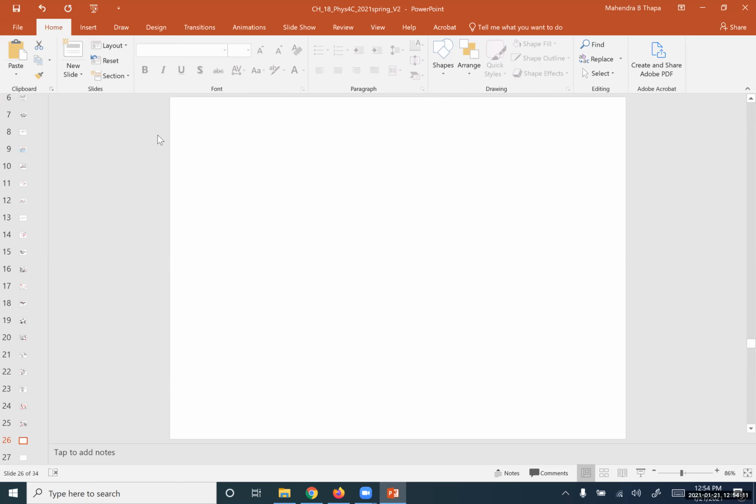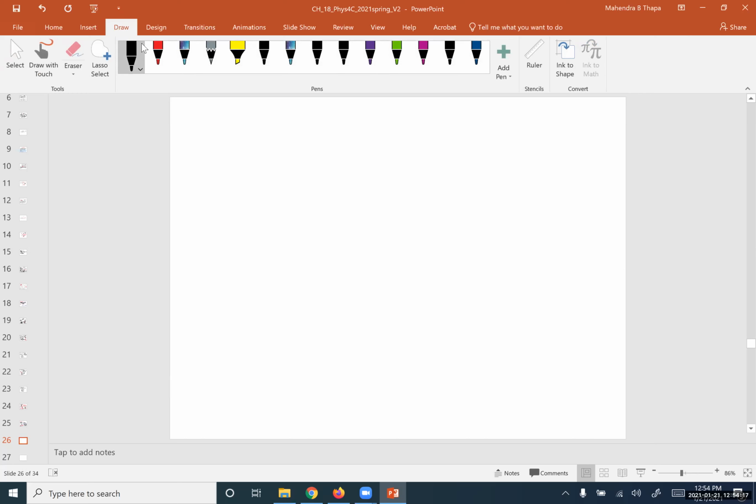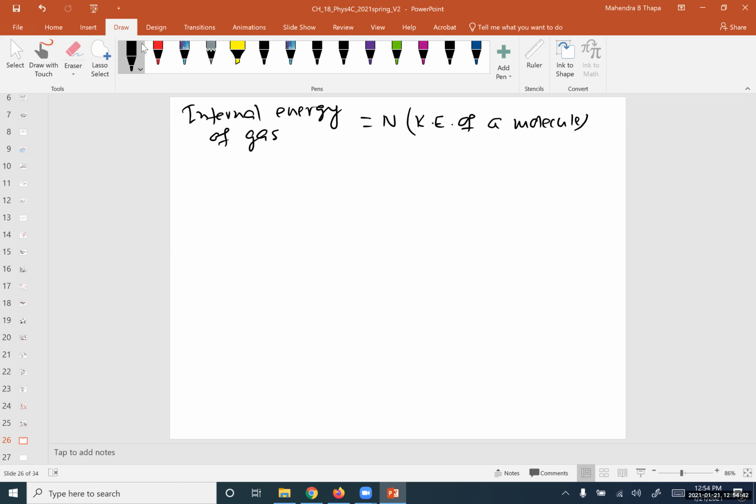And so we can find the total internal energy of gas. If it has the total number of molecules N multiplied by the kinetic energy of a molecule, so you have N times 3/2 kBT.